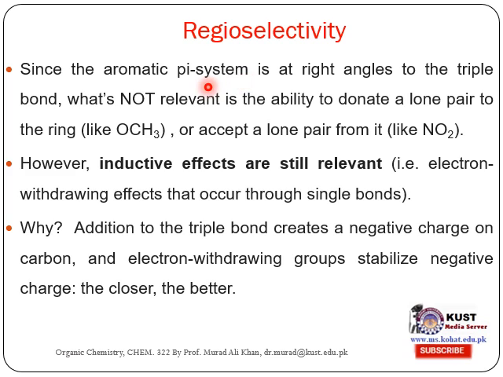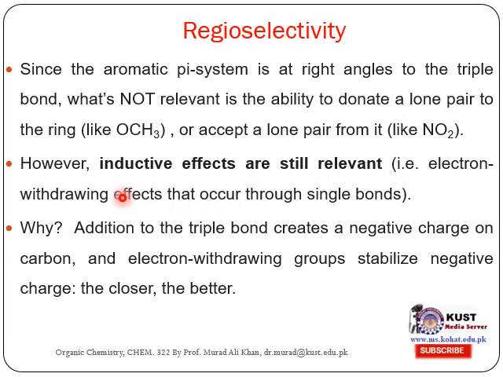Since the aromatic pi system is at right angles to the triple bond, what's not relevant is the ability to donate a lone pair to the ring, like OCH3 methoxy, or accept a lone pair from it, like nitro. However, inductive effects are still relevant.